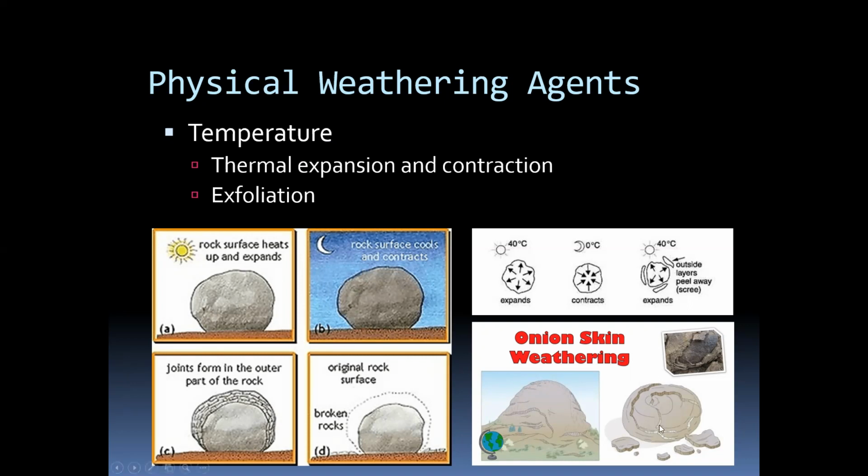So this is an example of exfoliation, and this is what we call something that looks like cabbage, or like onion peeling of the rocks.